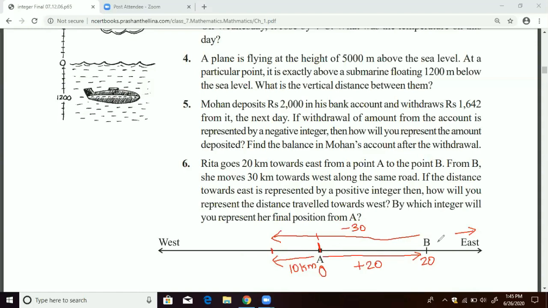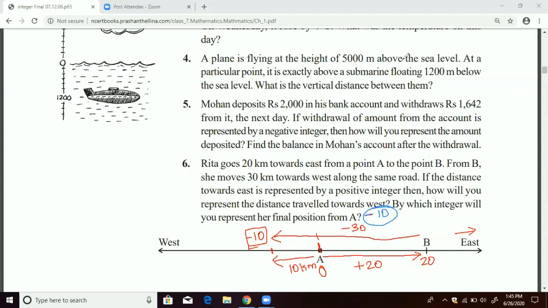Since east is positive, west is negative, so negative 10 is the integer we use to represent her final position.